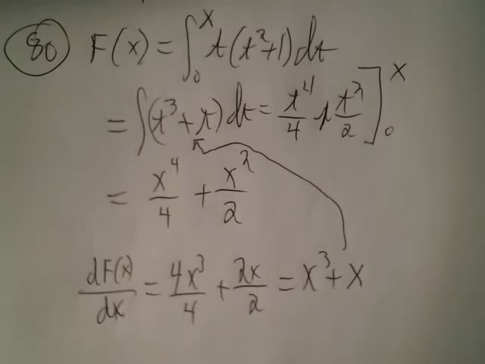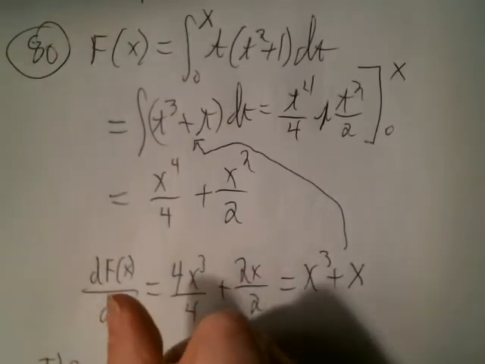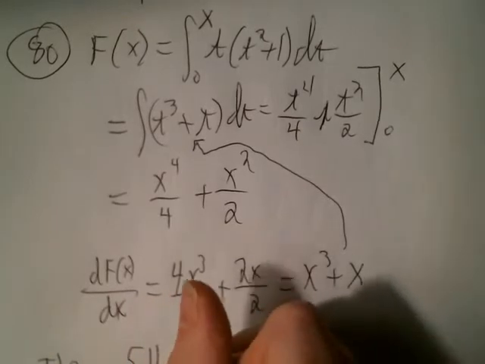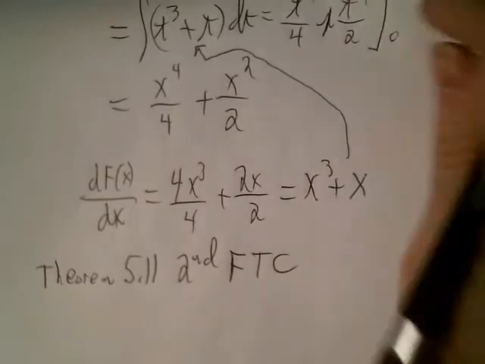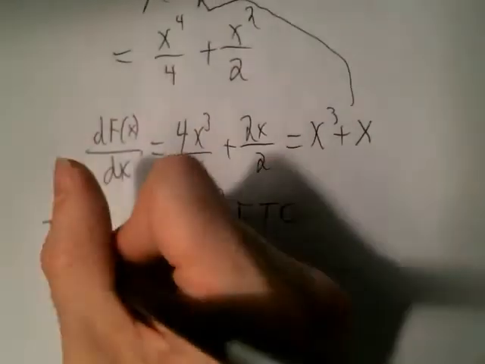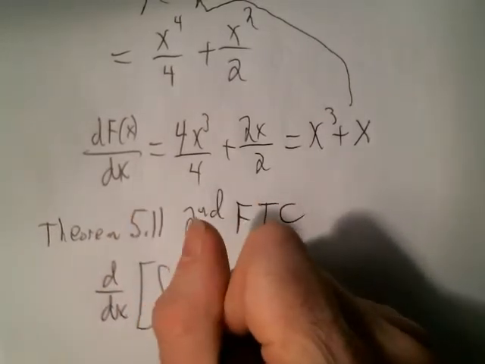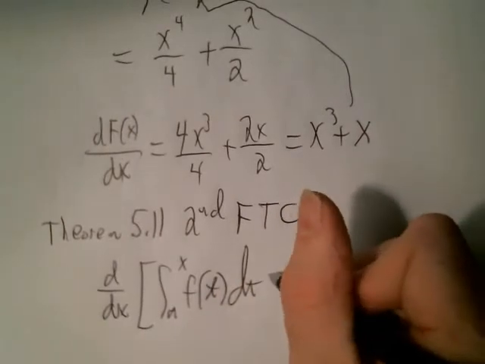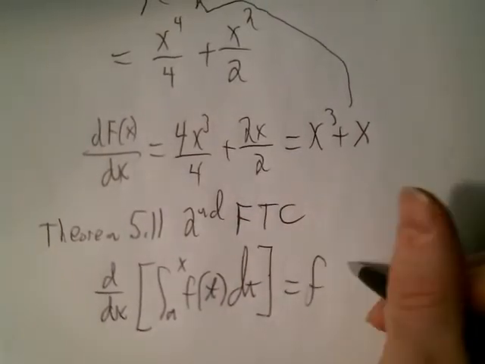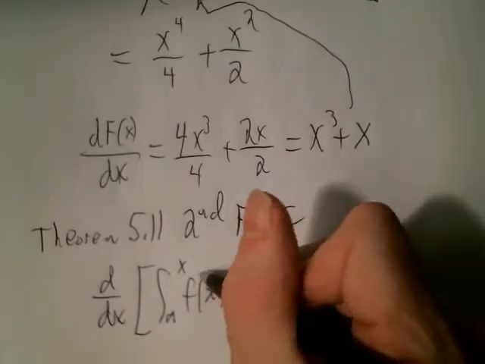So theorem 5.11 then gives us the second fundamental theorem of calculus. It's saying that the derivative with respect to x of the integral from a to x of f of t dt is going to get you right back to f of x, where you started.